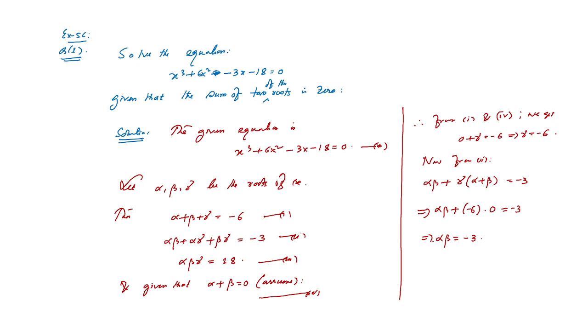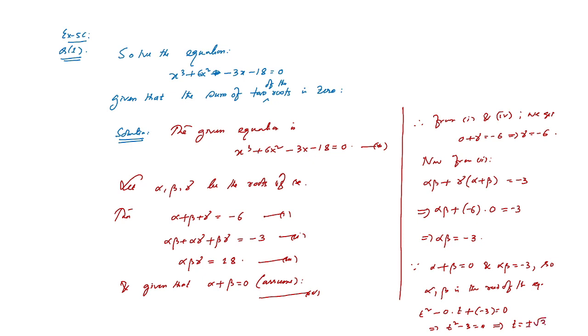Since alpha plus beta equals to 0 and alpha beta equals to minus 3, alpha and beta are the roots of the equation t square minus (alpha plus beta) t plus alpha beta equals to 0. So t square minus 3 equals to 0, that implies t equals to plus minus root 3.